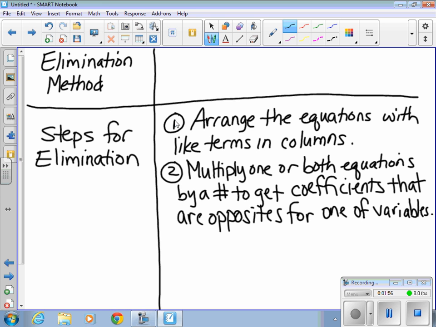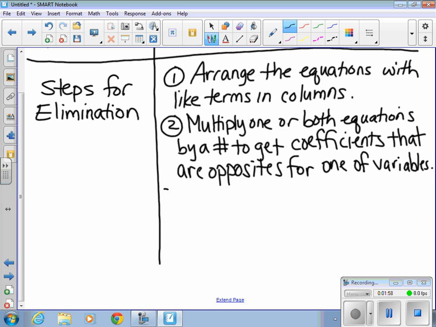Right? Once you get through with step two, step three is going to have you add the equations from step two.